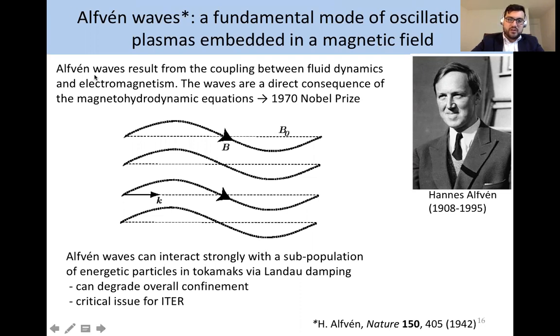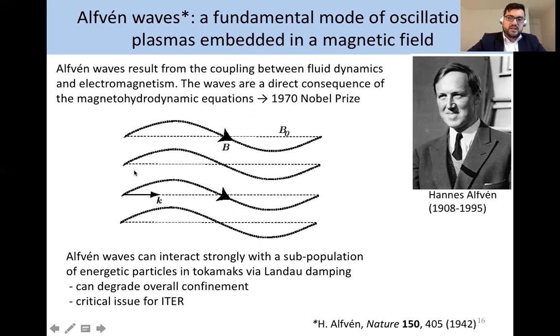Alfvén waves are nothing more than a result of the coupling between fluid equations and Maxwell's equations. That leads to the so-called magnetohydrodynamic system of equations, which earned Hannes Alfvén the 1970 Nobel Prize.